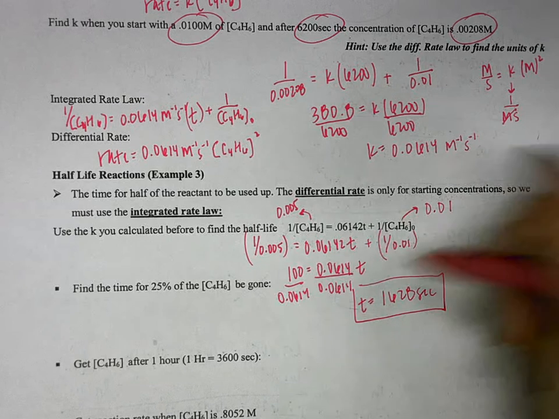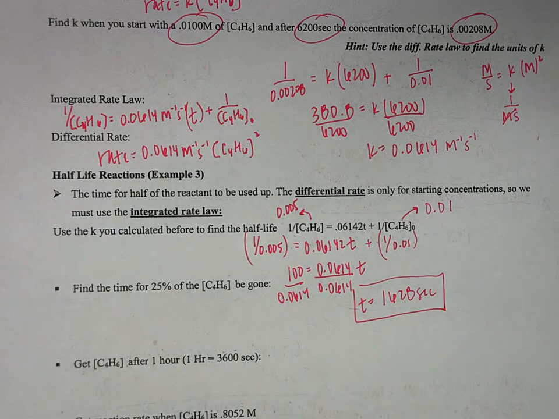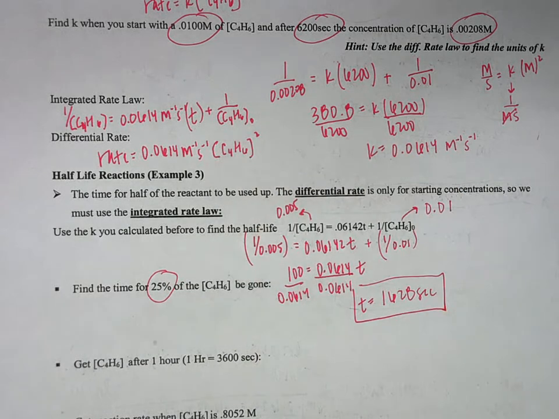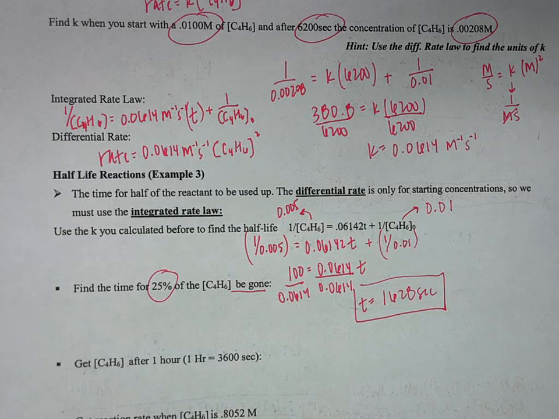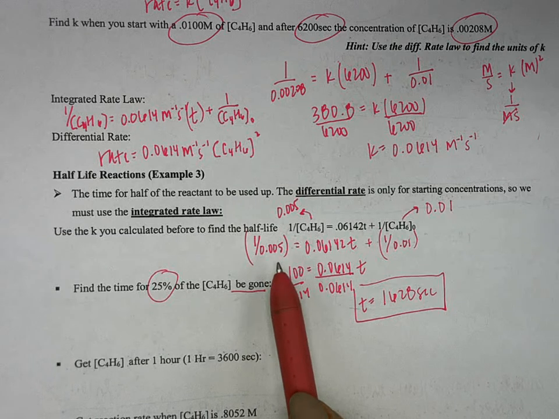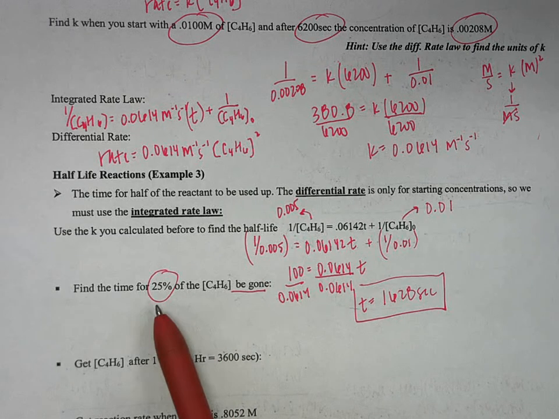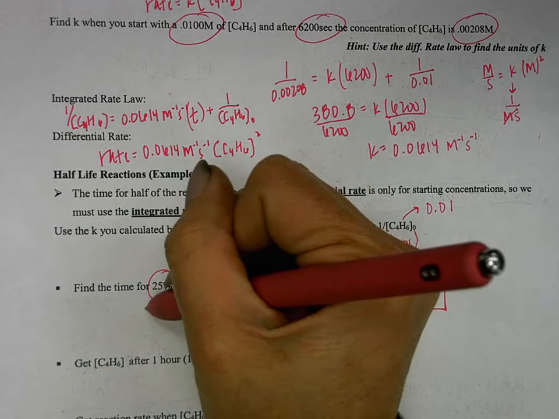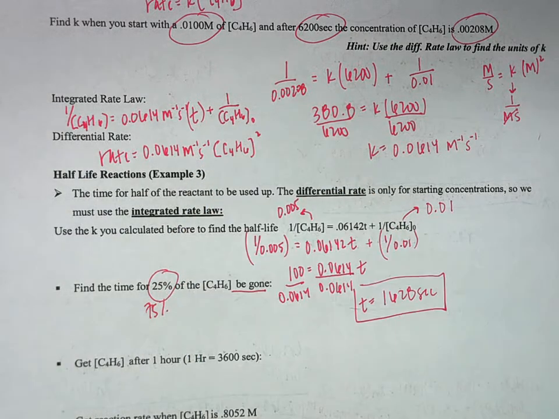So that's half the time. All right, find the time for 25% of your C4H6 to be gone. It's really tricky to think about what they mean by that when you're plugging in. You want 25% to be gone, but when we're plugging into our equation, we're plugging in what's left. So really what we're looking for is the concentration when 75% remains.